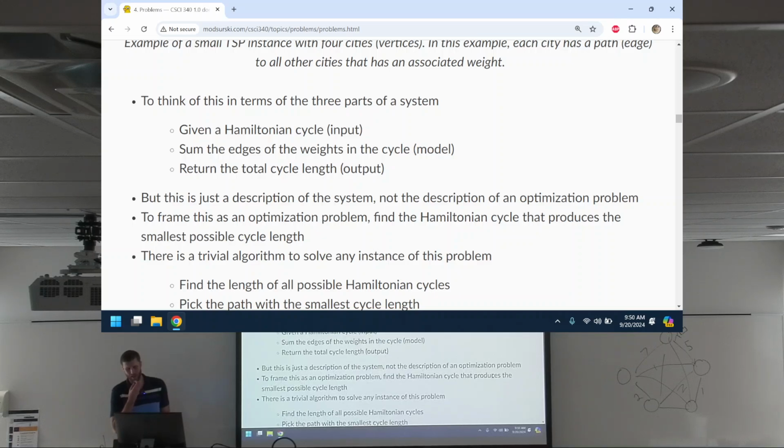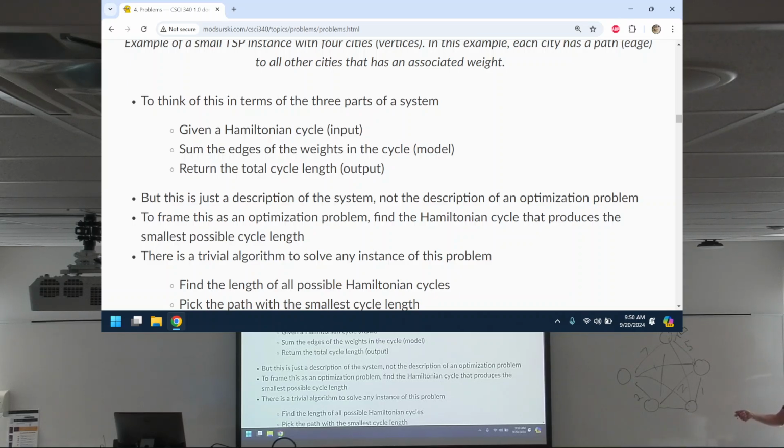All right, so to think of this in terms of 3 parts of a system. Given a Hamiltonian cycle, that's the input, because this is an optimization problem. The search space is all possible Hamiltonian cycles. For those of you that don't know, a Hamiltonian cycle is just a fancy way to say exactly what we were talking about. Start here. You ever play those games as a kid, like draw this picture without lifting your pencil?